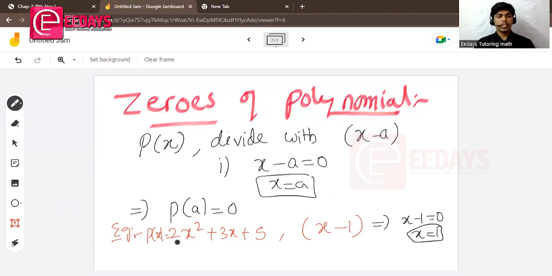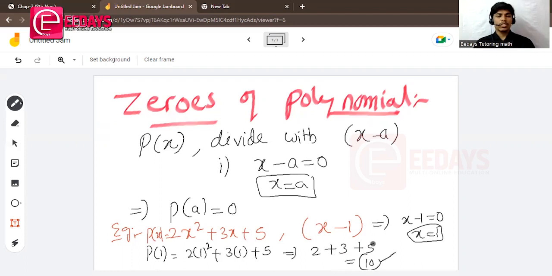Substitute x is equal to 1 in this equation. Wherever you see x, just substitute 1. 2 into 1 square plus 3 into 1 plus 5. 2 into 1 square is nothing but 2. 2 plus 3 plus 5. So 2 plus 3 is 5, plus 5, you'll get 10. So you just substitute like this.